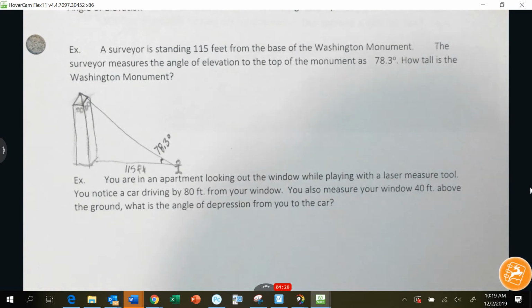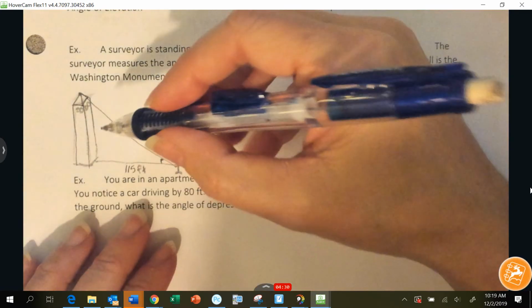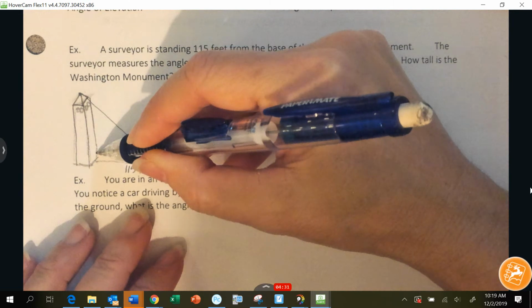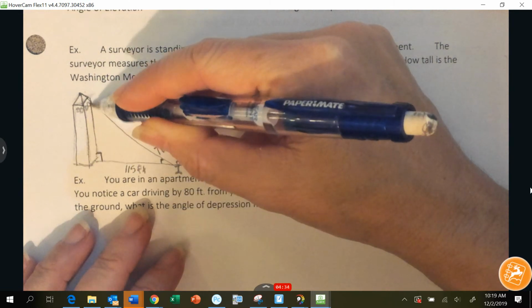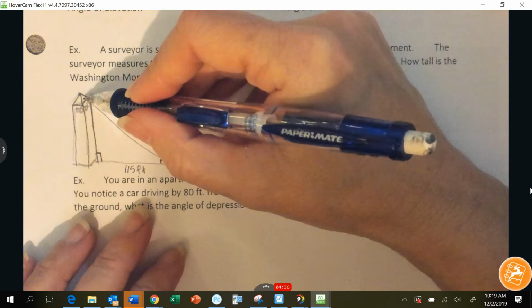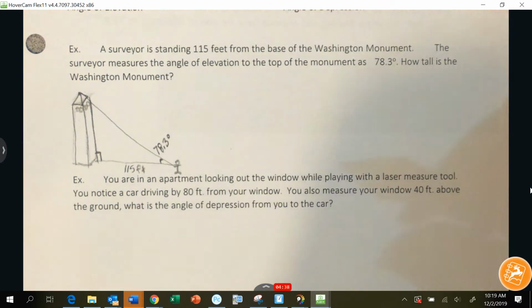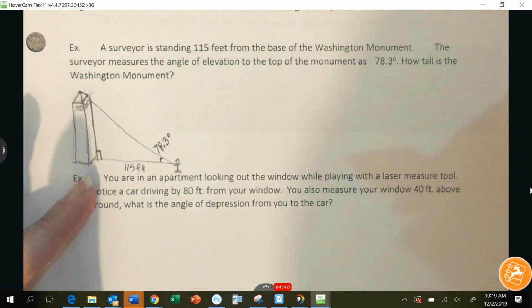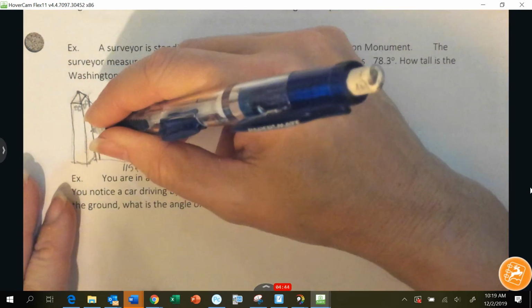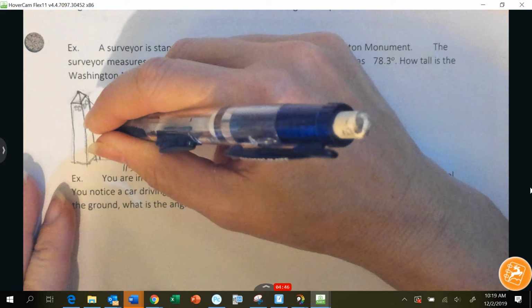How tall is the Washington Monument? All right, so hopefully we know that distance connects to the base with 90 degrees. So I have to have a 90 degrees if I'm actually measuring the distance. We're trying to find the height, so I'll call it h.